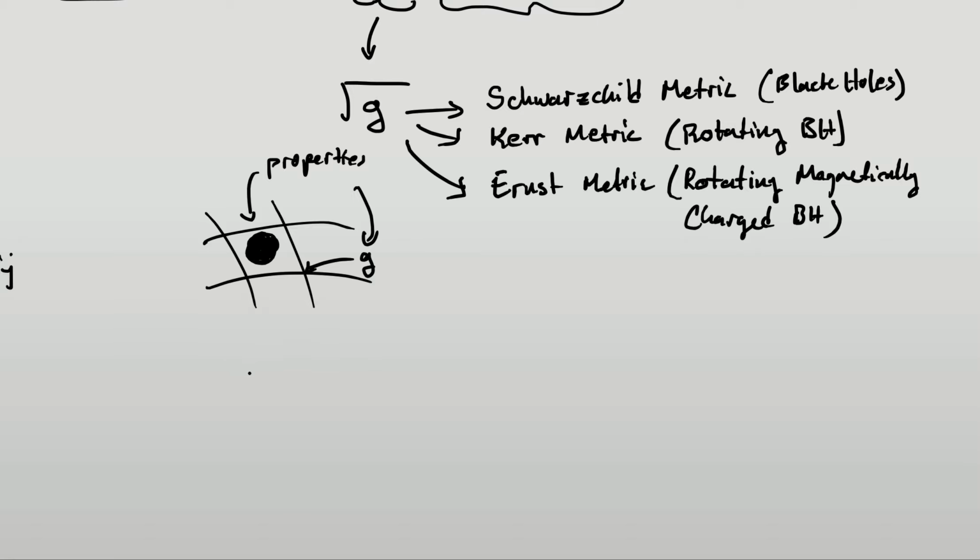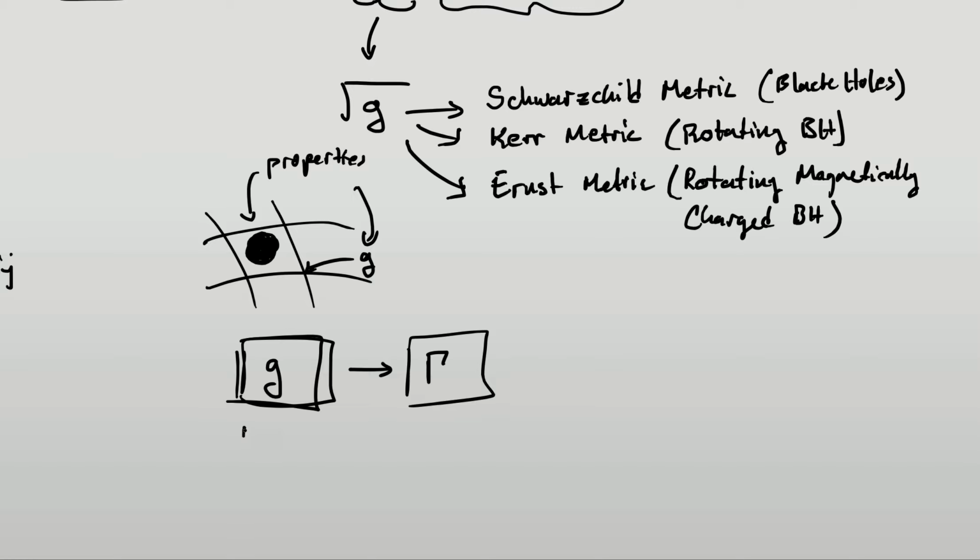Nevertheless, g is the most important mathematical object that we're interested in studying when it comes to GR, because from g, the metric tensor, we'll be able to calculate these things called Christoffel symbols.